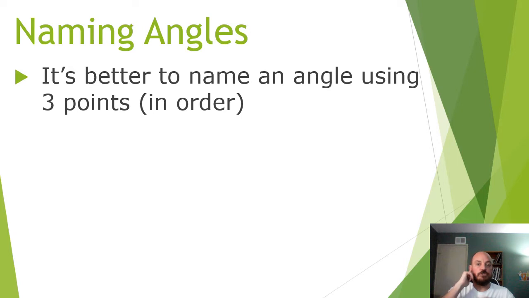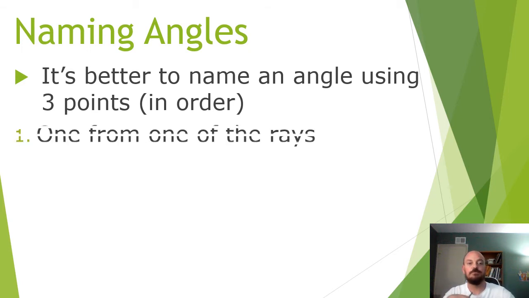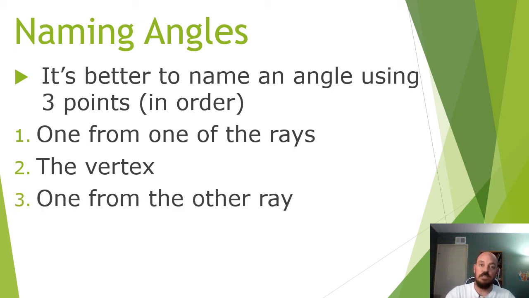And that's why usually when we're talking about an angle, instead of just using one letter for the vertex, we use 3 points, 3 letters, to name the angle. Basically what you want is one point that's on one of the 2 rays, then the vertex, then one point from the other ray.